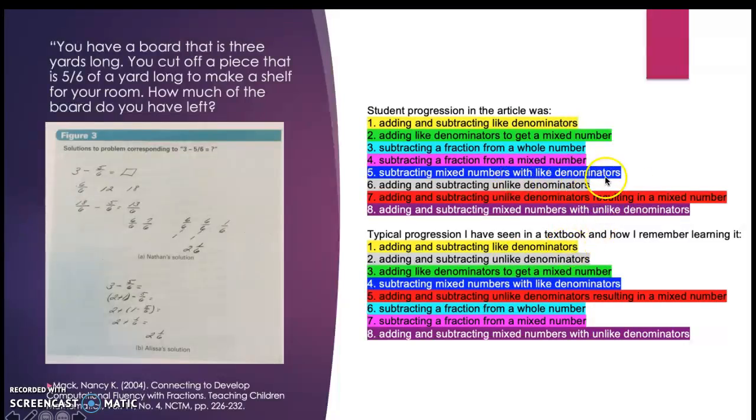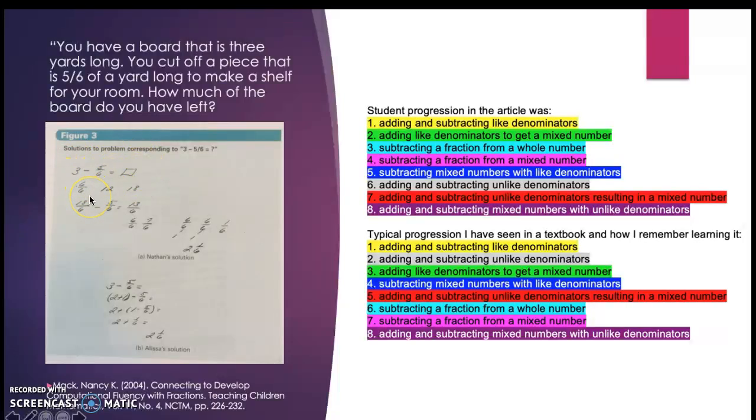So why not let the students decide what should be next, what type of fraction problem should be next? Here I gave a story problem example that she presented to the students, and as you can see here, the students started with 3 wholes minus 5/6 equals what?